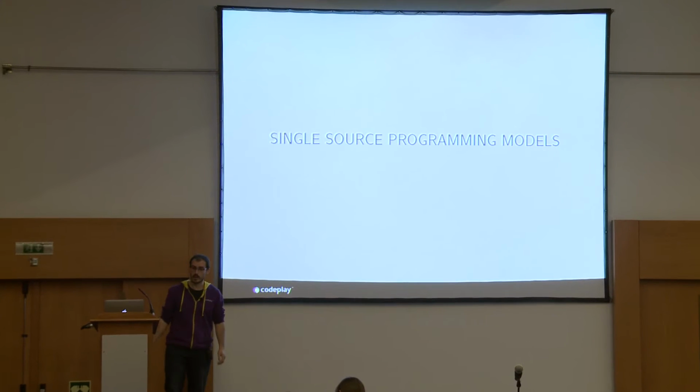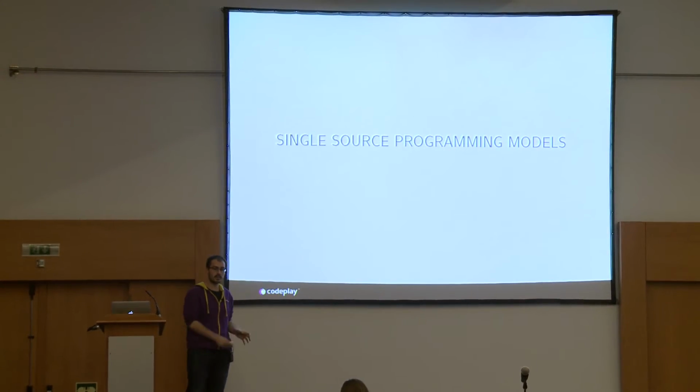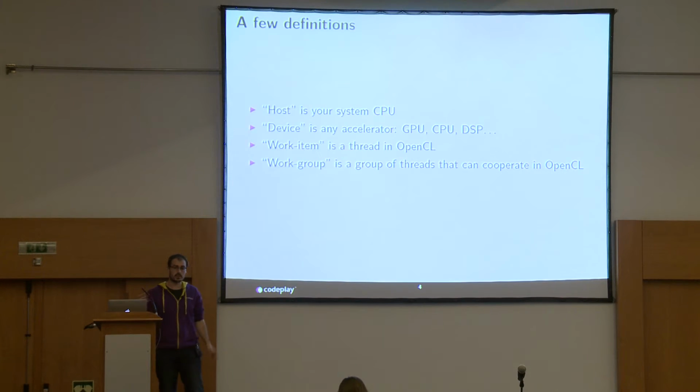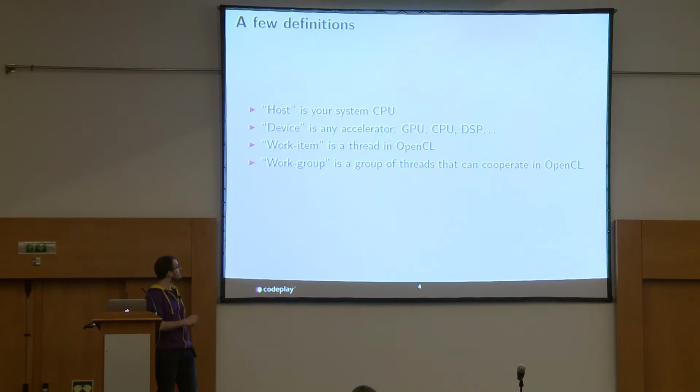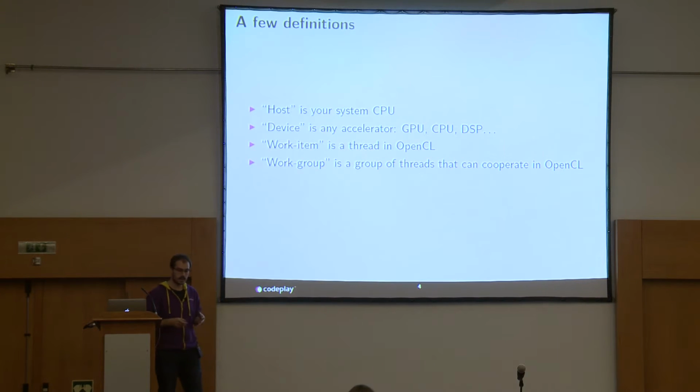So, single-source programming models. How we put C++ directly inside an accelerator. Just to make sure that everyone's on the same page about vocabulary, I'll be using host to designate my CPU system, where my kernel and my OS are running.